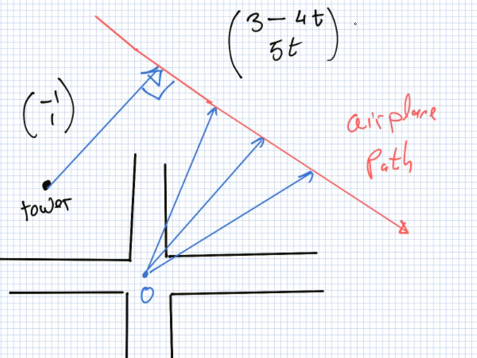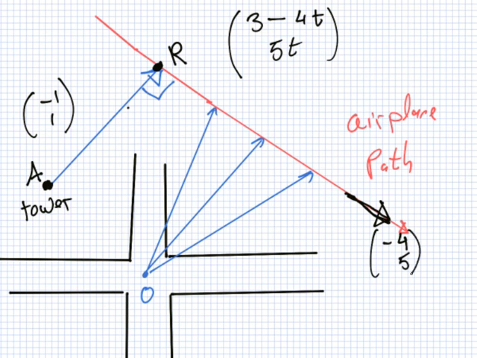Okay. Now, I want to know the shortest distance here. So let me call this point here R, and I'll call this one here A. Can you give me a vector that is on this line? Minus 4, 5. We don't actually need the t.